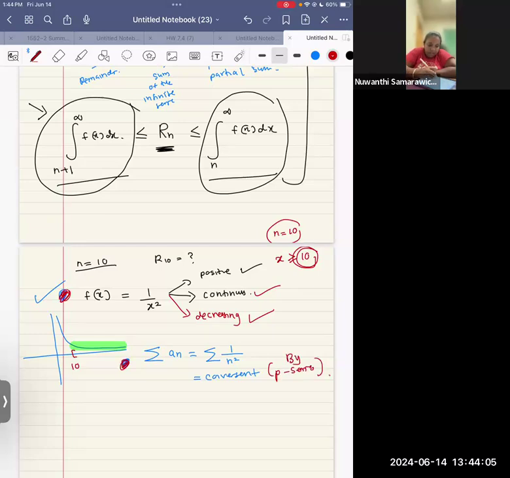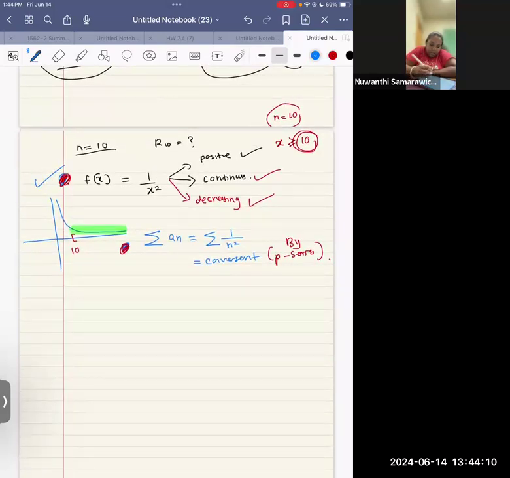These conditions also. Okay, then we can say R is equal to S minus S sub n, so this is, as I mentioned, R is the remainder.